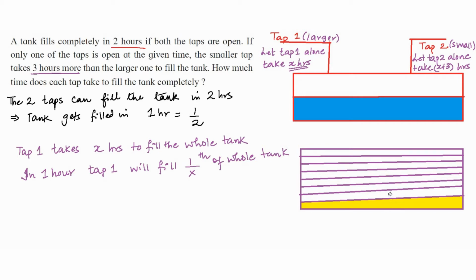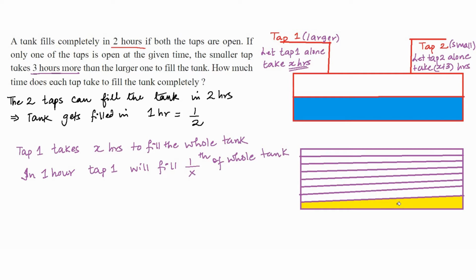So this is in hour 1, this is in the second hour, this is in the third hour, this is in the fourth hour, this is in the fifth hour, this is in the sixth hour, this is in the seventh hour, and this is in the 8th hour. So in 8 hours, it fills the whole tank. But basically what we are saying is, in 1 hour, it will end up filling only 1/8 of the tank, right? 8 was just an example.